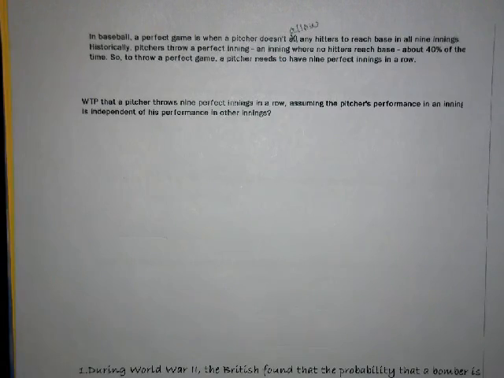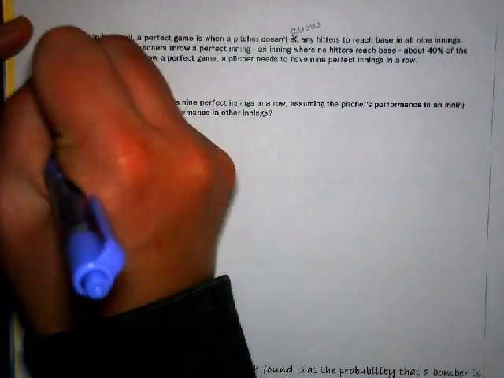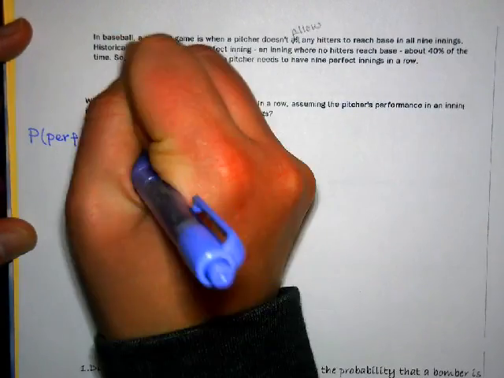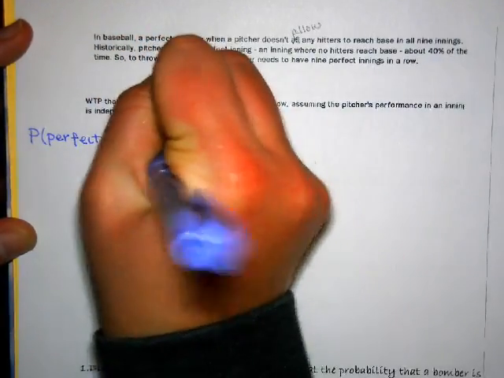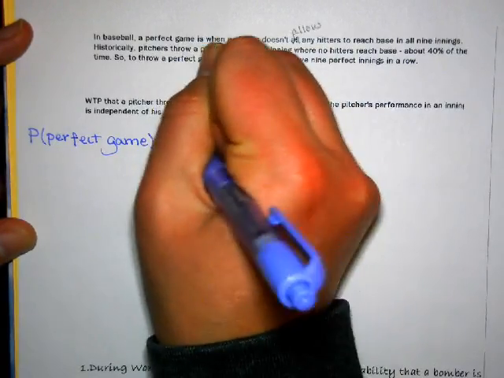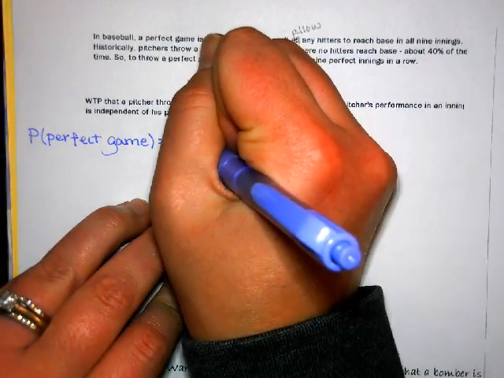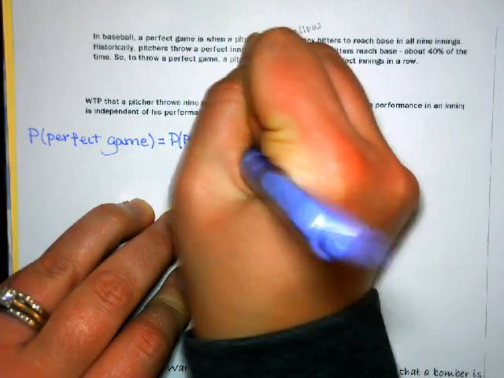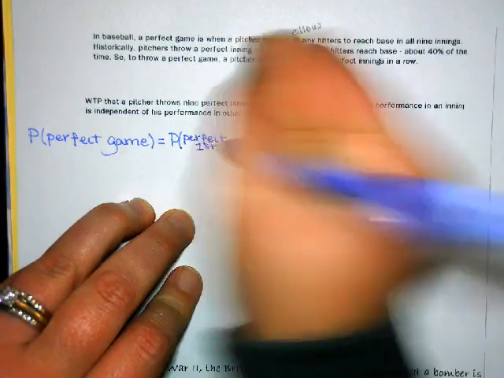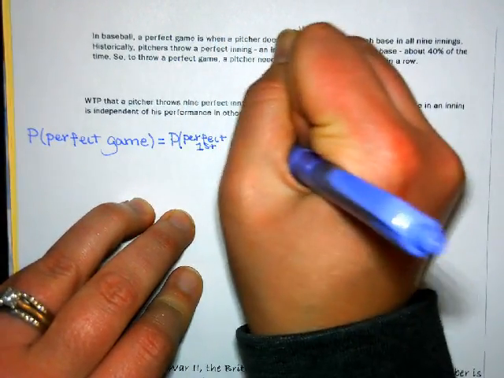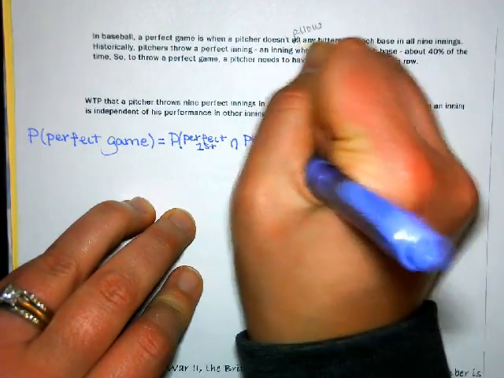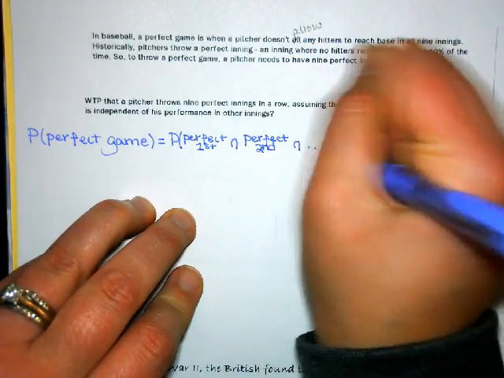And the probability that a perfect game is thrown comes from the probability that you have a perfect first inning and a perfect second inning and a perfect third and a perfect fourth and a perfect fifth and a perfect sixth and a perfect seventh, and a perfect eighth, and a perfect ninth.